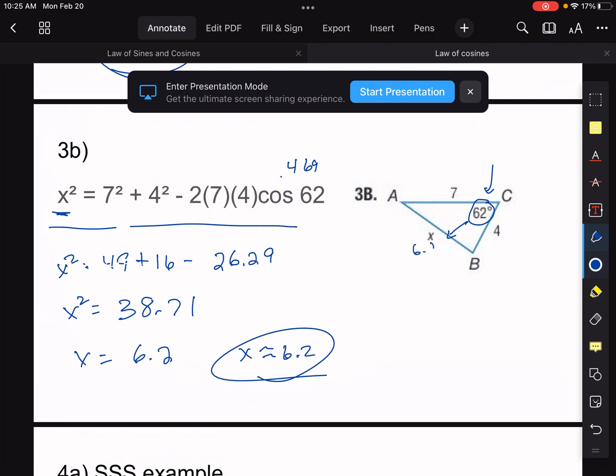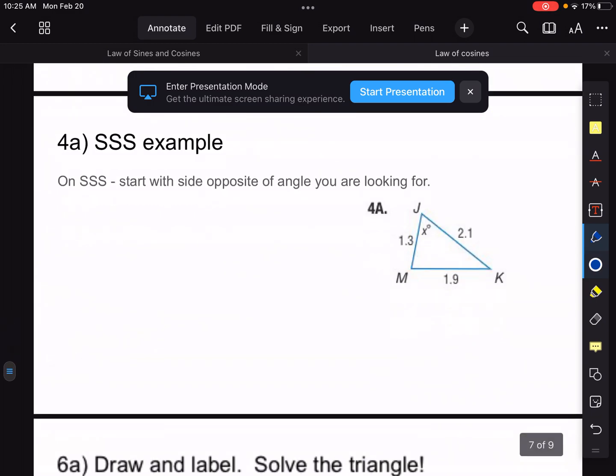And we're done. If they want us to solve the rest of the triangle, you would use the law of sines from there. Remember, the downfall with using the law of sines is that there could be two possibilities, so you have to do your test again. But here, they're just having you solve for x.